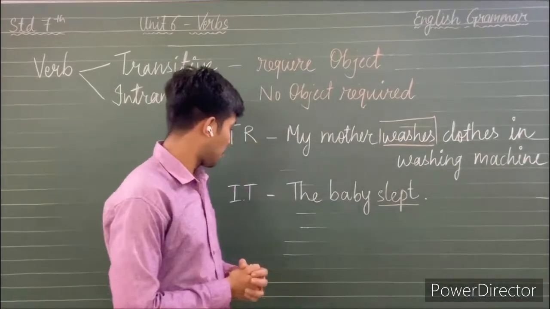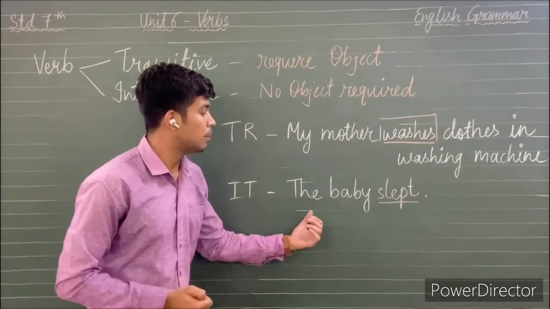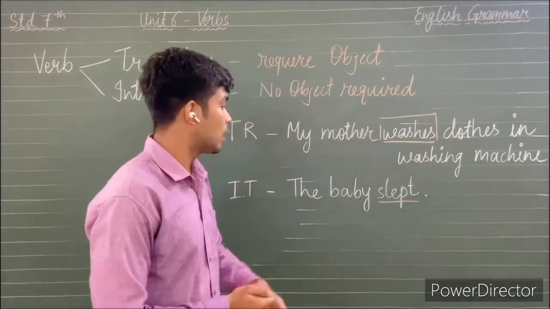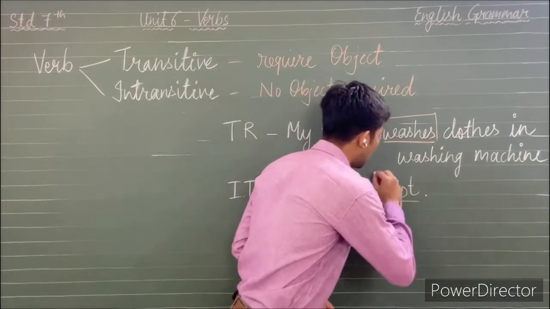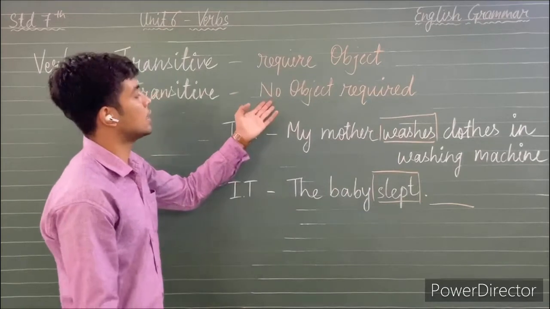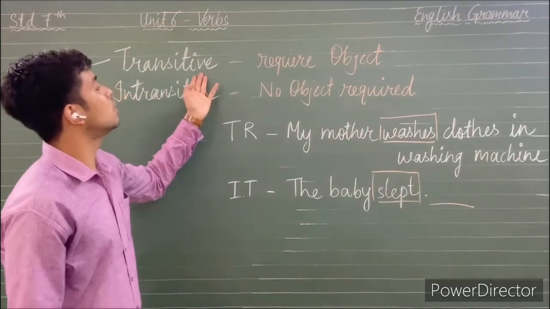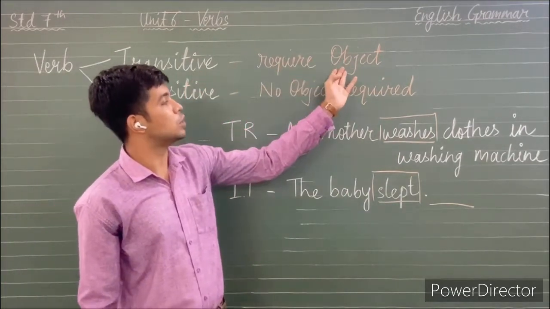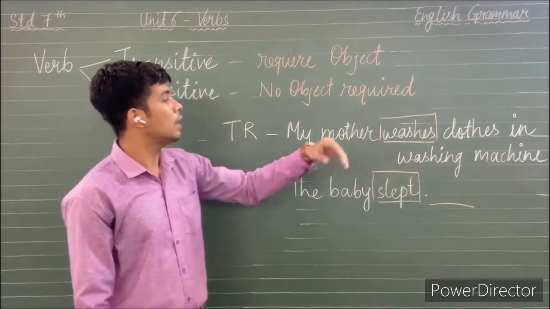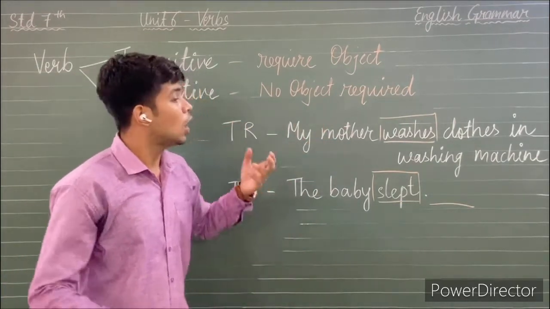Now, in the sentence, the baby slept, slept is the verb, but this verb does not require any kind of object. Transitive verbs require an object and intransitive verbs do not require any object.